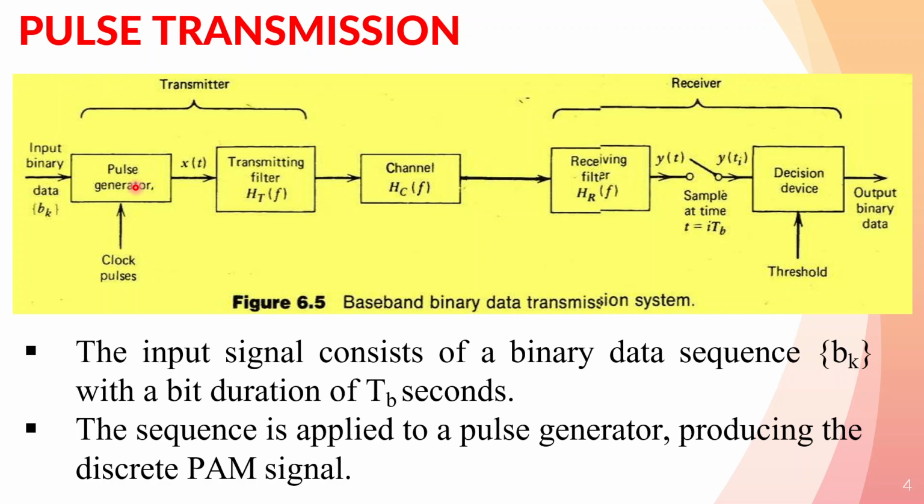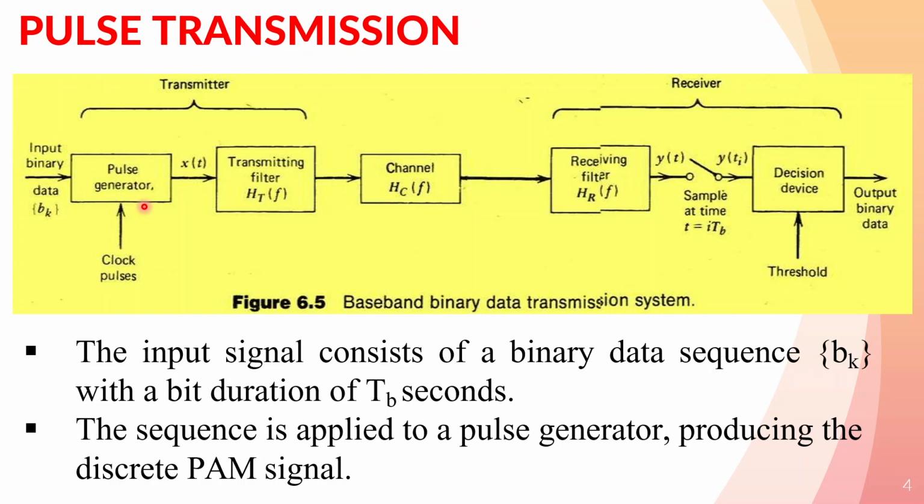In unipolar, ones are represented by positive voltage, zeros by zero voltage. Like that we will represent the binary data, and it is synchronized with the clock pulses. For each clock pulse, one bit of information will be transmitted.